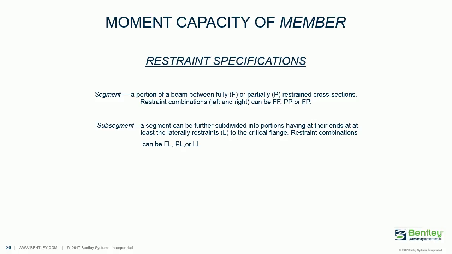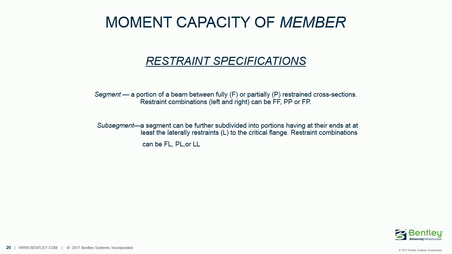So you need to understand the different definitions of the restraint, because restraints, the lateral restraints, play a very important role here. The code categorizes the different restraint types and defines the two terms, segments and subsegments.